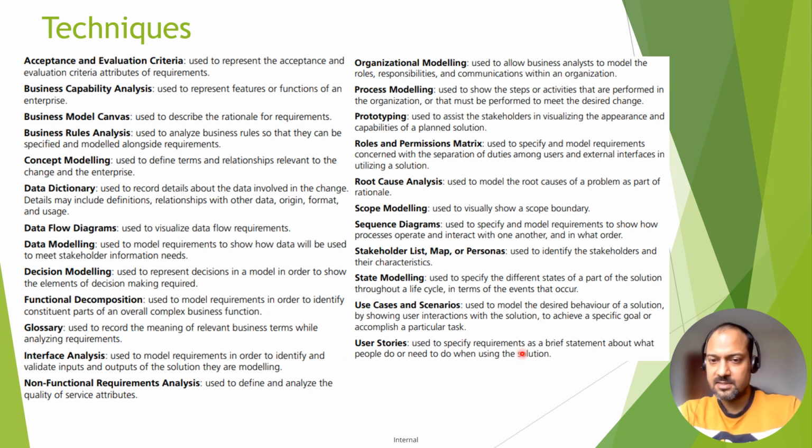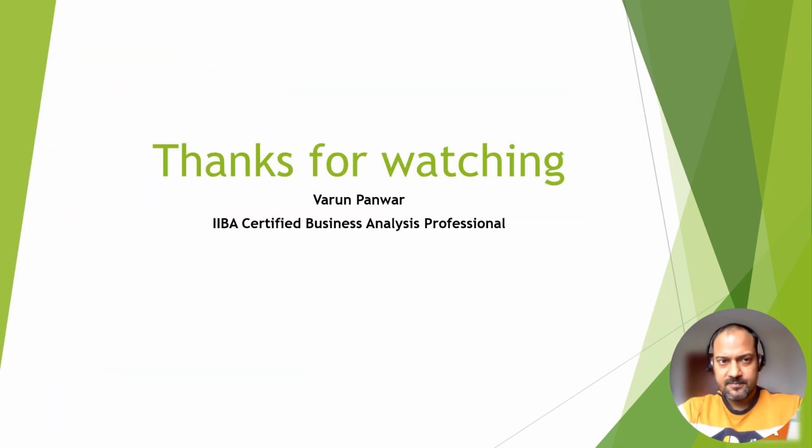User stories used to specify requirements as a brief statement about what people do or need to do when using the solution. All those techniques, but the key for you to learn this is the model categories there, and just associate all those techniques there. We will go into detail for all those techniques in upcoming sessions.